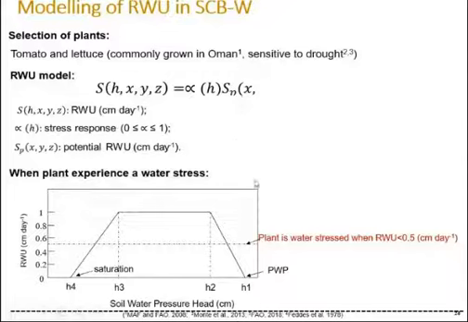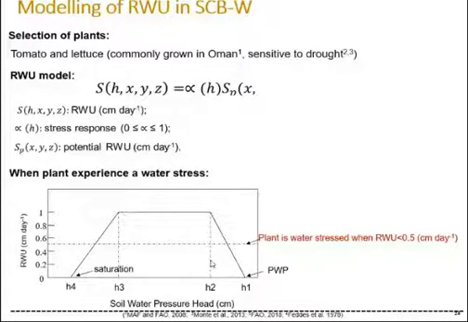In a simple way, if you look at this figure, you will understand it very well. There is a stress for the plant related to the moisture content. We said that too much water is not good, and too little water is not good. Too much water means saturation. Water closer to saturation is not good for the plant. Water closer to the permanent wilting point is not good for the plant.